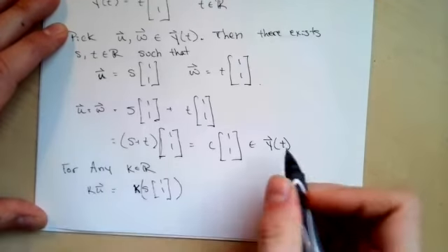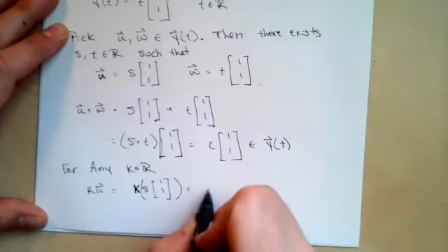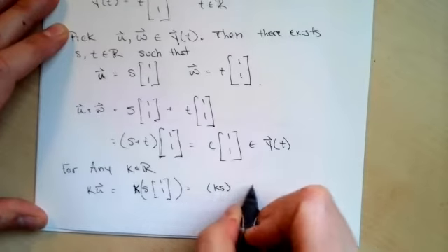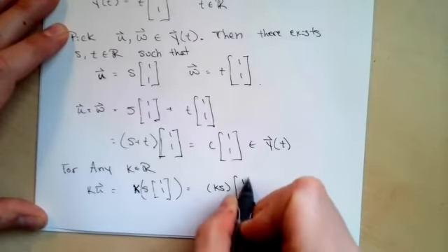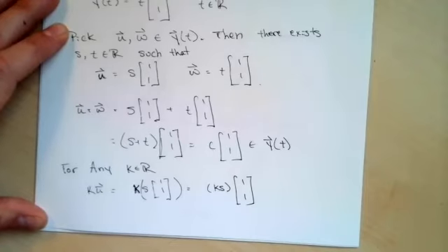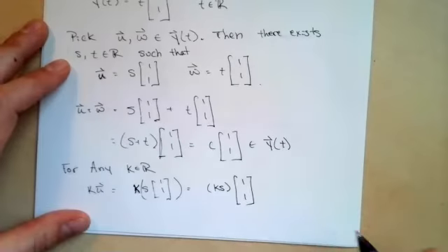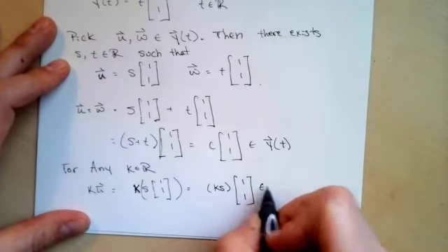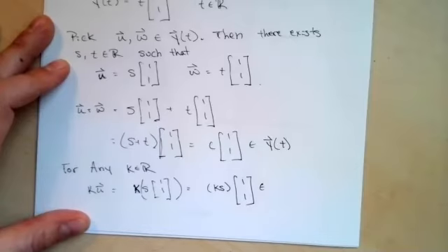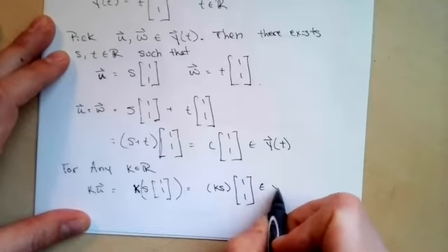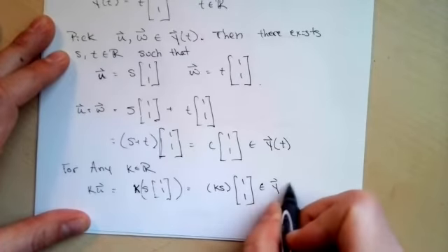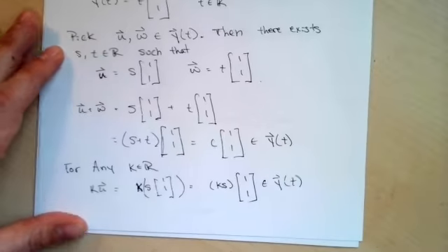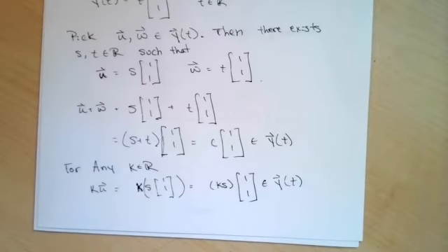And by our associative property, I can multiply the k and the s and again get new constants. And since this is just a constant multiple of (1, 1), that is the definition of all of the elements on our line, which means this element in particular will be on the line.